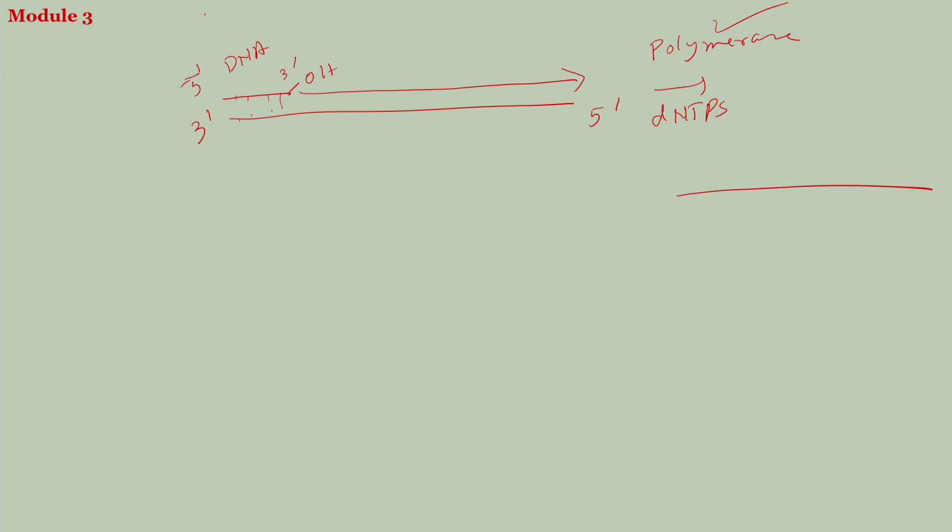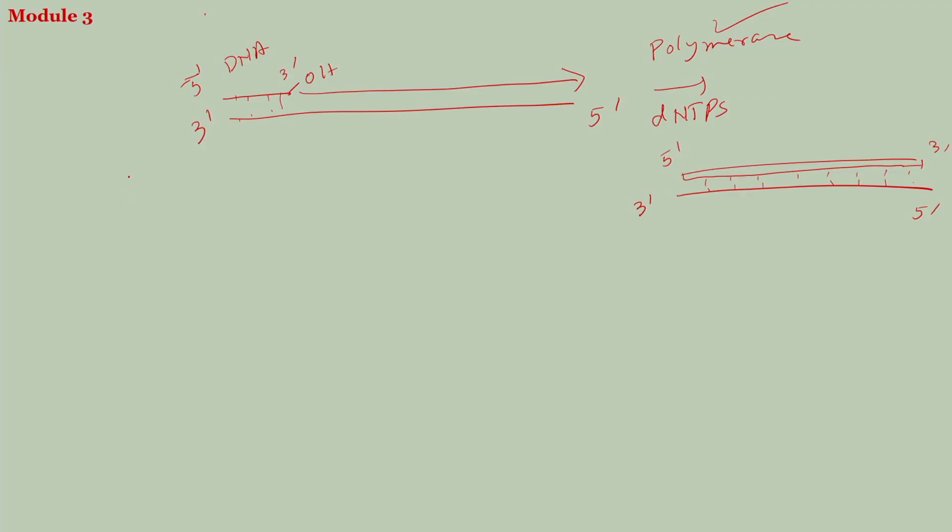This is your parent strand 3 prime to 5 prime, and this is the new strand that you are synthesizing, 5 prime to 3 prime. So, you see both the leading strand and the lagging strand behave as equal in a test tube.